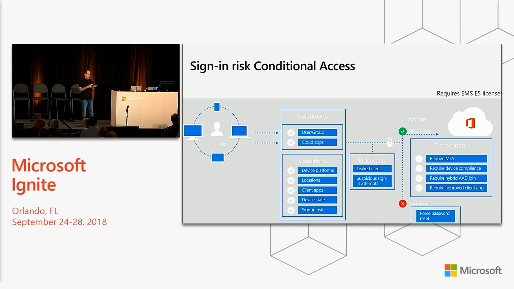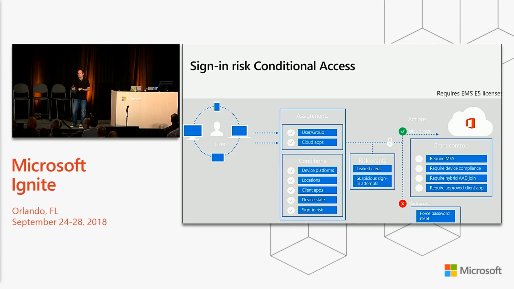Events like, has this password been leaked on the web? Am I doing something odd, like attempting to authenticate multiple times unsuccessfully? Am I attempting to authenticate here in Orlando and then 2 hours later attempting to authenticate in Seattle? That's an atypical travel scenario. We don't have Star Trek transporters yet, so there's no way I can do that. Am I using an anonymous IP?